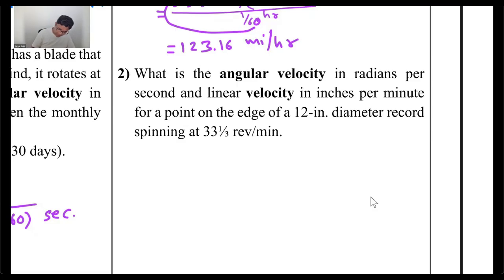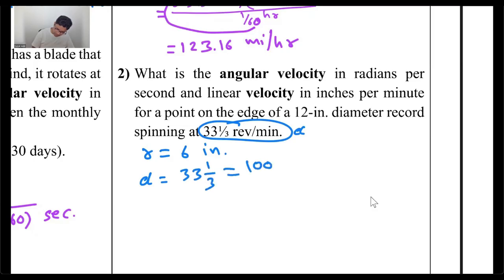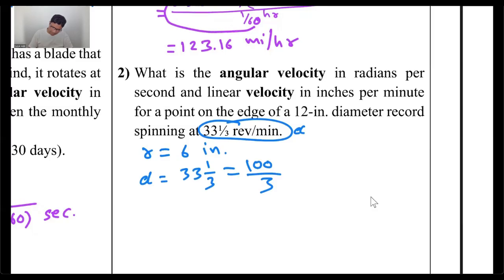Okay. So once again, radius is 6 inches and the angular speed spinning, this given here is your angular velocity. That's alpha. This is 33 and 1/3, that is 100 divided by 3, convert it to a proper fraction, revolutions per minute.